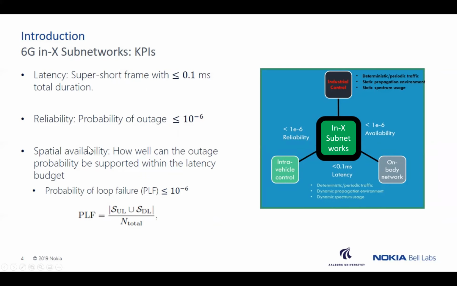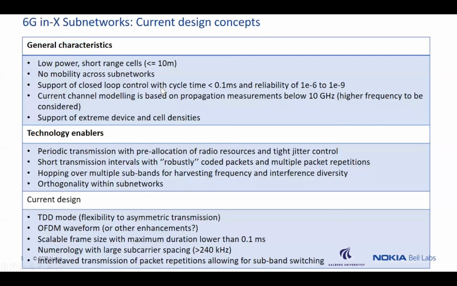For this, we have used what we call the probability of failure as a measure of the spatial availability of the services within each subnetwork, and that is measured as the probability that a particular control loop will fail to meet the latency and reliability requirements.